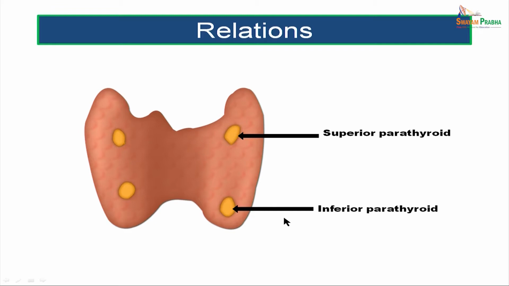When you look at the borders relations, you find the posterior border is related to the two glands which are present, that is the superior parathyroid and the inferior parathyroid. As we have already noted, they lie between the true and the false capsule of the thyroid gland. They lie along the posterior border of the thyroid gland between the two capsules.